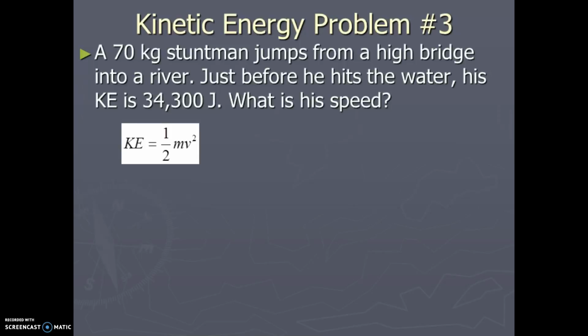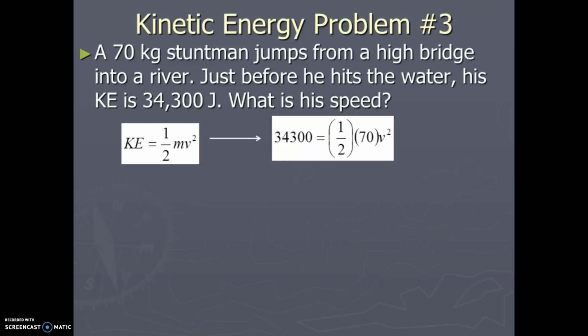Kinetic energy equals 1/2 mv squared. Now we're given the kinetic energy. It is 34,300 joules. So we want to plug in this number right here. And then we want to plug in the 70 kilograms here for the mass. And v is what we're looking for. We're looking for the speed or the velocity.